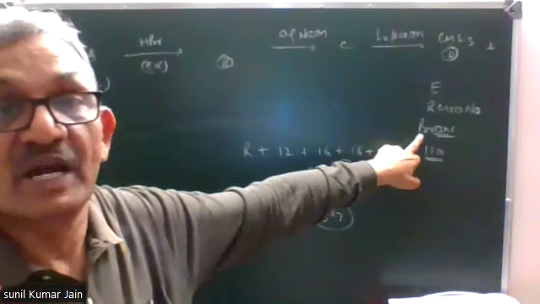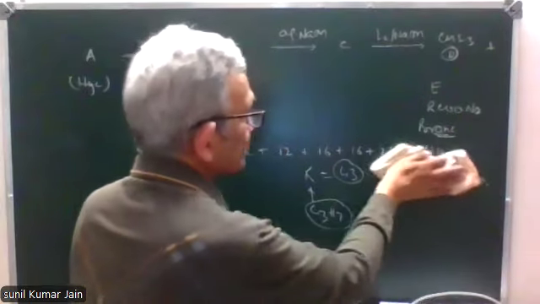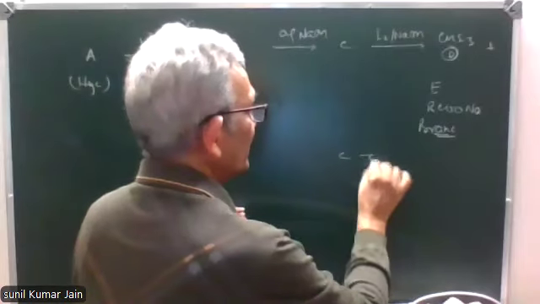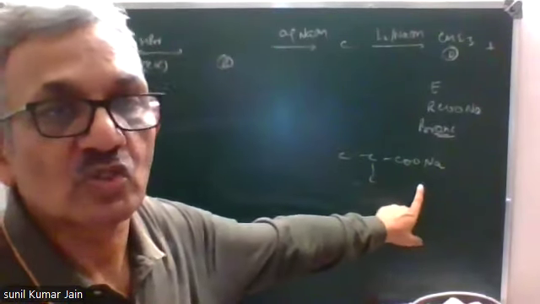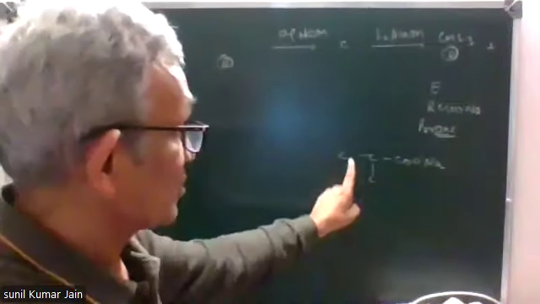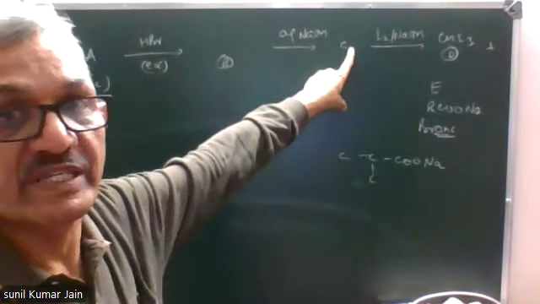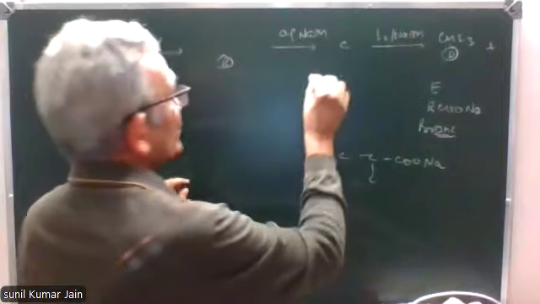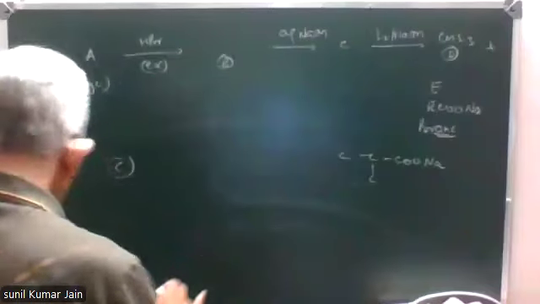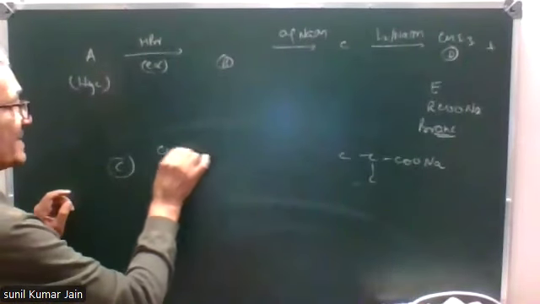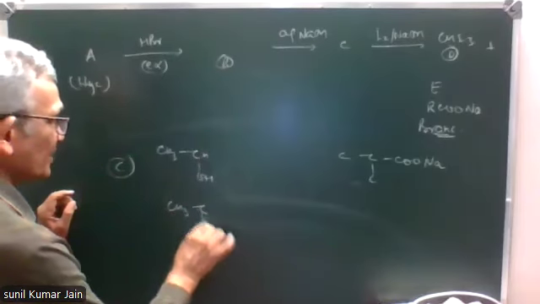But remember, this is a branched chain compound. It means compound E should be the sodium salt of isobutyric acid, because this is the branching. Now, in this compound C, which gives the iodoform test, there should be a CH3CHOH or CH3CO group.